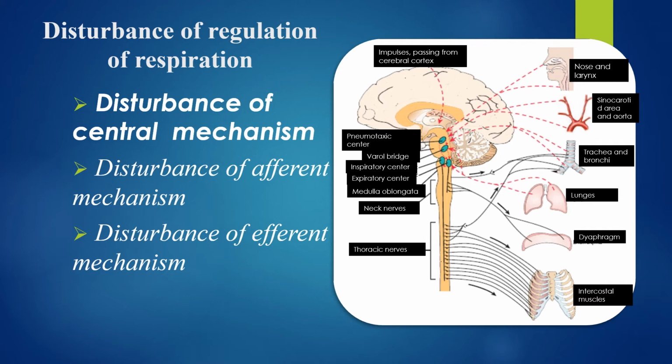The peripheral receptors involved in the regulation of respiration are located mainly in the sinocarotid region and the aorta, chemo- and baroreceptors, and in the smooth muscles of the respiratory system, mechanoreceptors, between the epithelial cells of the respiratory tract, irritant receptors, and J receptors in the interstitial area.